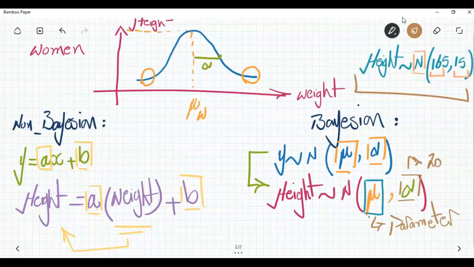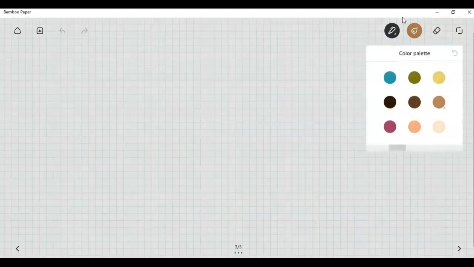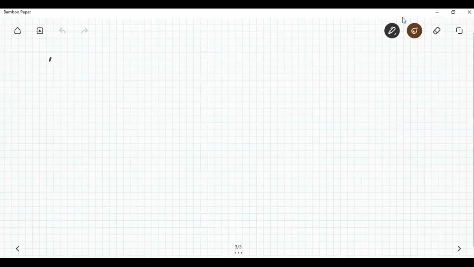Then I'm just going to go to the next page to write my stuff there. In that case, we said that the height of those American women is a distribution which is normal.